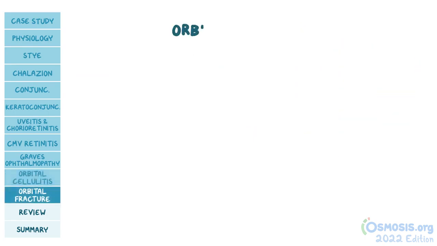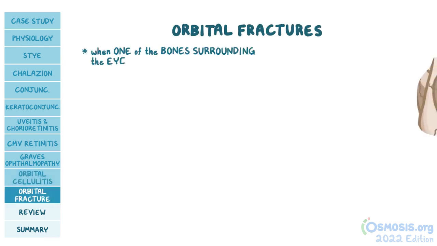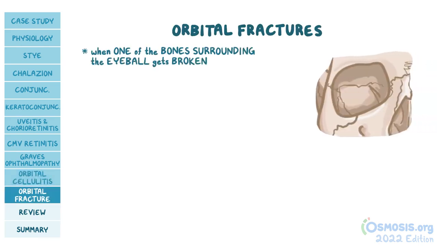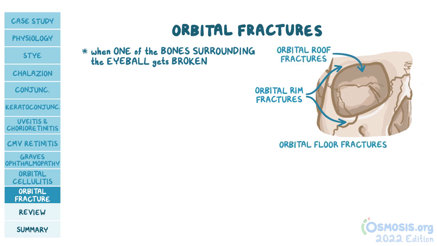Finally, there are orbital fractures, which occur when one of the bones surrounding the eyeball gets broken. There are several types of orbital fractures, including orbital rim fractures, which include the bony outer edges of the eye socket, orbital roof fractures, and orbital floor fractures, which are also known as blowout fractures if the orbital floor collapses.